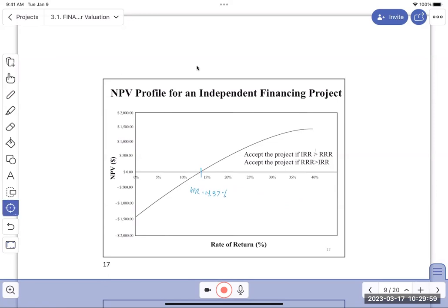So this is where NPV is positive, see? So you should accept the project where the NPV is positive. What does that translate into? As long as the discount rate is greater than the internal rate of return, you should accept the project.